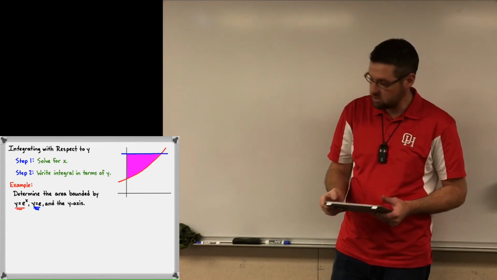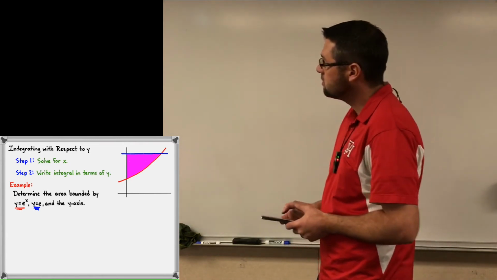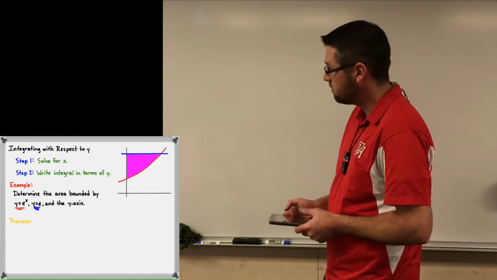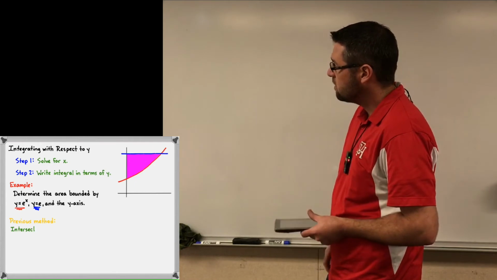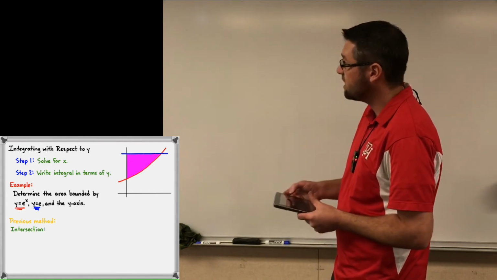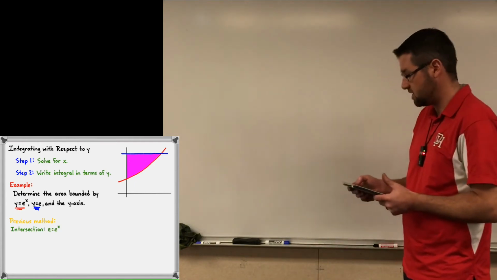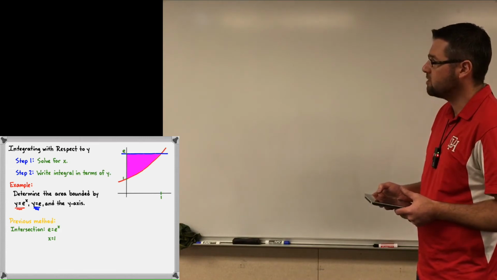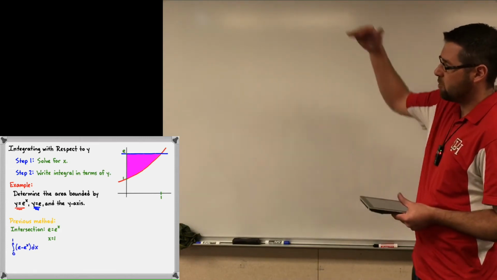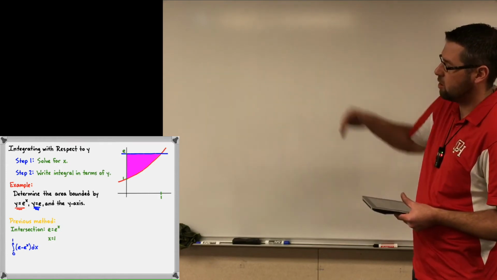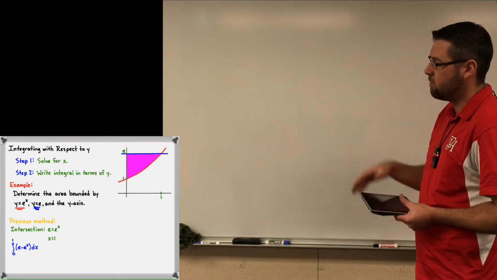Okay, so what is the point of intersection? 1, okay. So previous method, we find the intersection, so we're going to say e to the x equals e. In other words, x equals 1. So our limits are from what to what? 0 to 1. Of the upper curve, which is e, minus the lower curve, which is e to the x dx. And we can evaluate that.